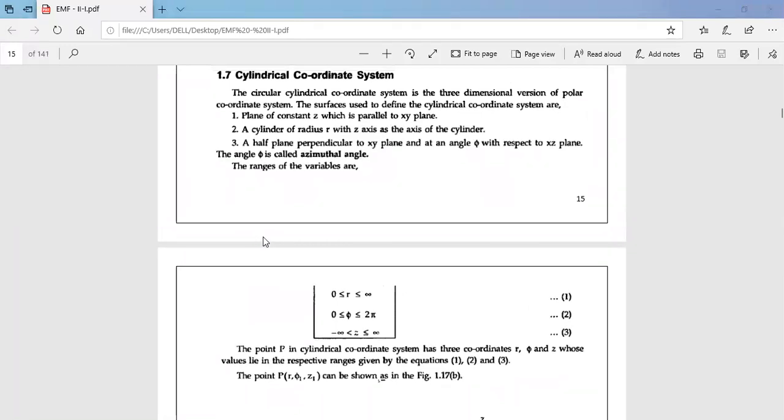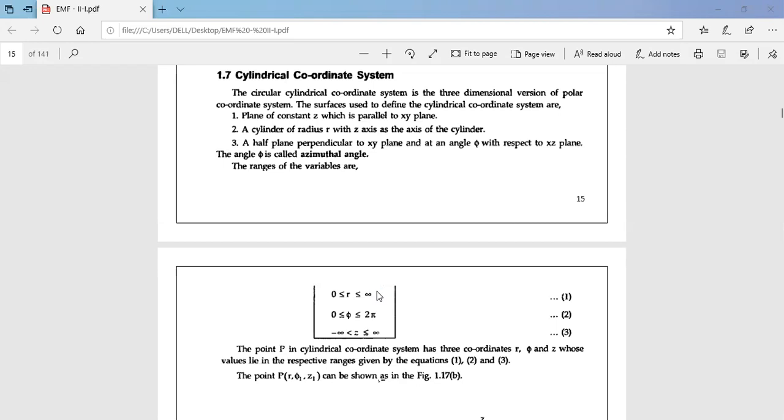Okay. So the coordinates for the cylindrical coordinate system: R is from 0 to infinity. Imagine now you have a drum, right? And the drum is standing. And the origin for this coordinate system is on the bottom of the drum in the center.